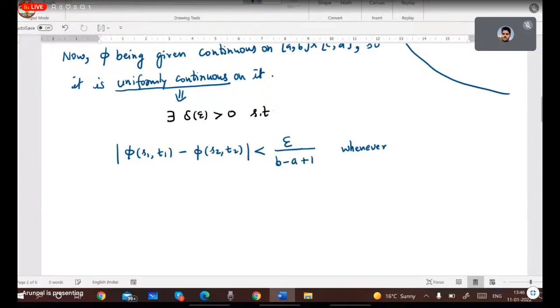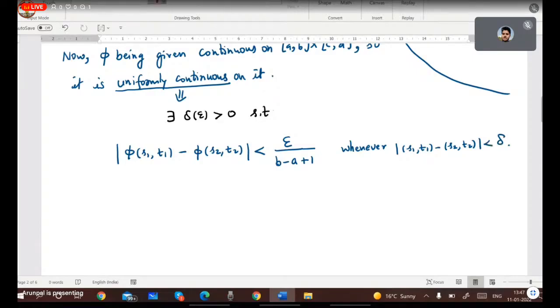Whenever the distance between these points, which are points of R2, is less than delta.